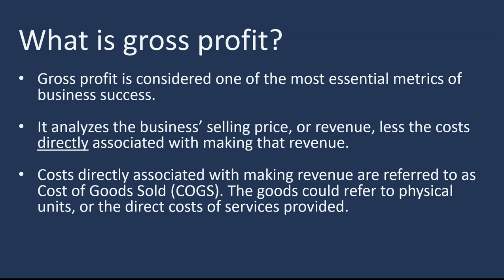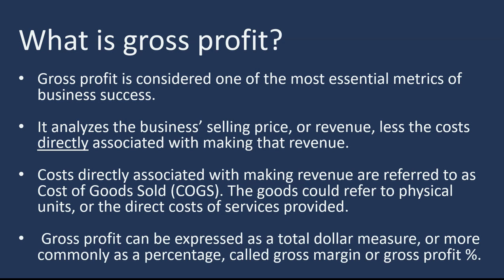The goods could refer to physical units, or they could be the direct cost of services provided if it was a service firm. And gross profit can be expressed as a total dollar measure, or more commonly, as a percentage called gross margin or gross profit percentage. You'll hear those two terms interchangeably.